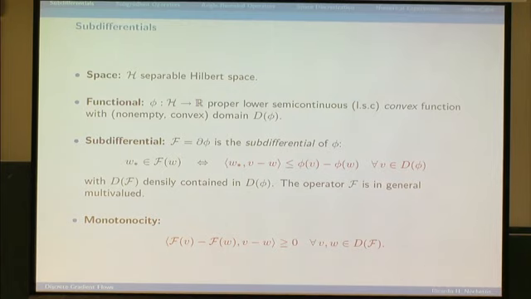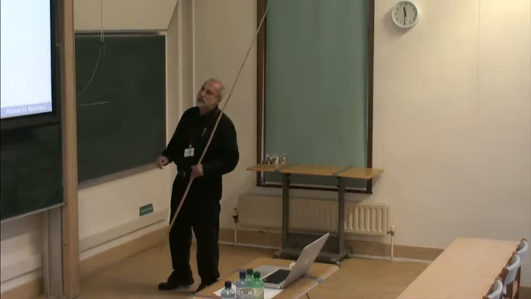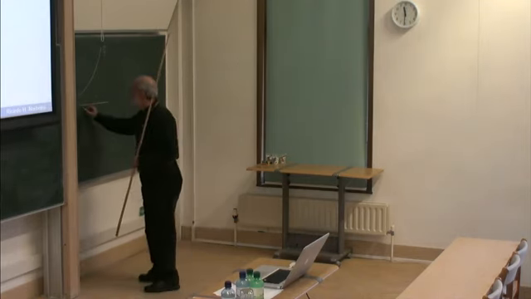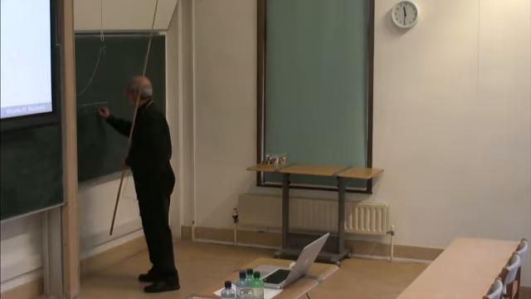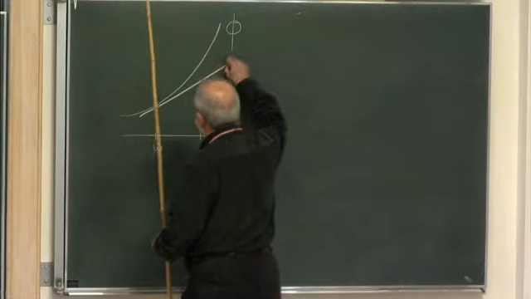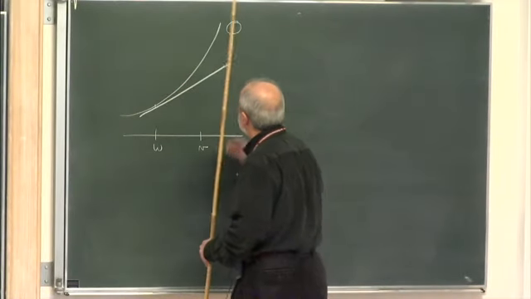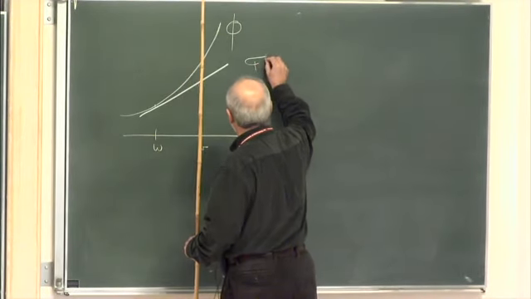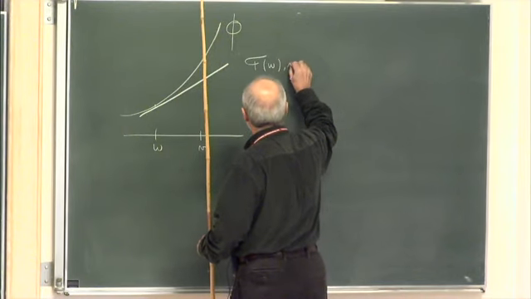Okay, so the picture you have to keep in mind is that the function phi is like this, is convex, and so this is a point, let's say W, and this is a point V, and we are approximating with the tangent, which is F of W times V minus W.